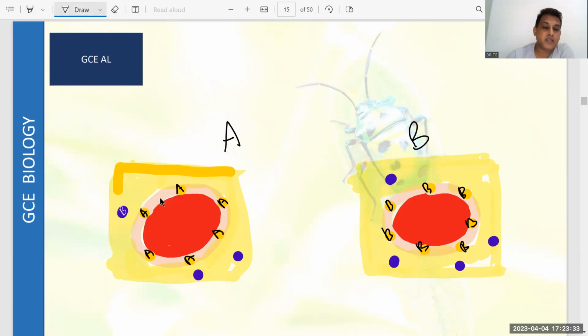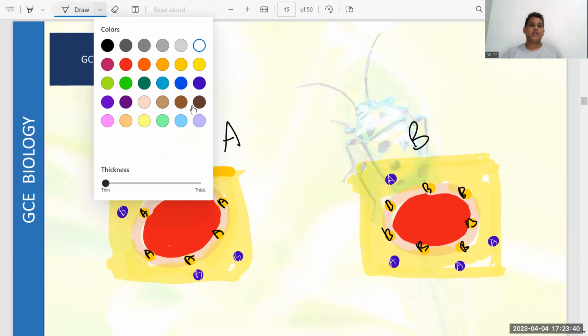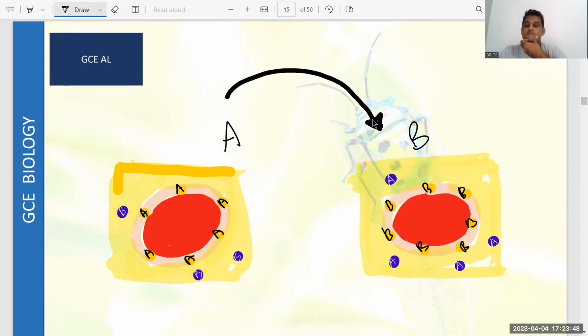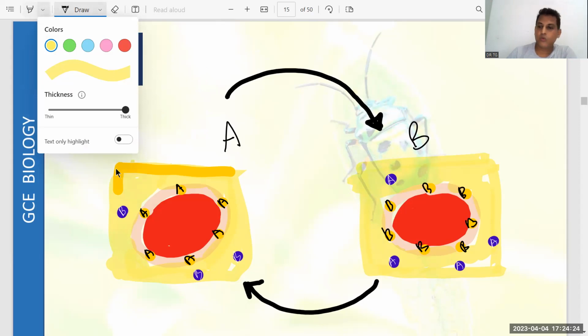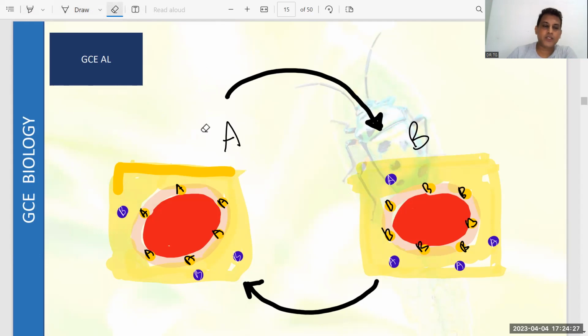Here it's B and here it's A. Okay, let's assume we give person A's blood to person B. If we give A blood to B, or we can give the other way, B to A, what we're going to observe.